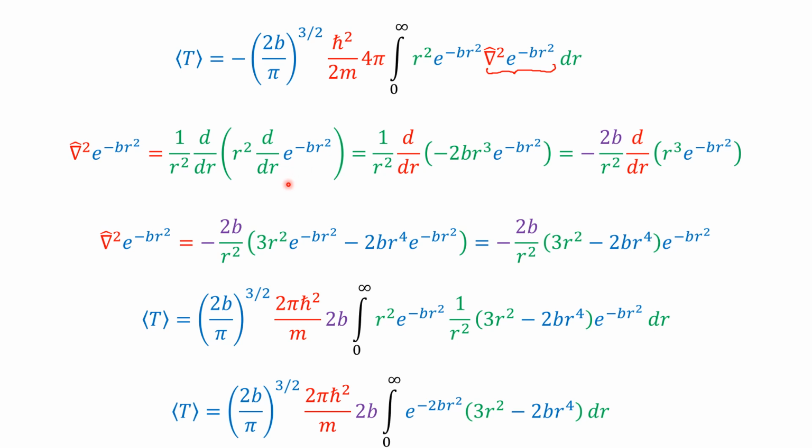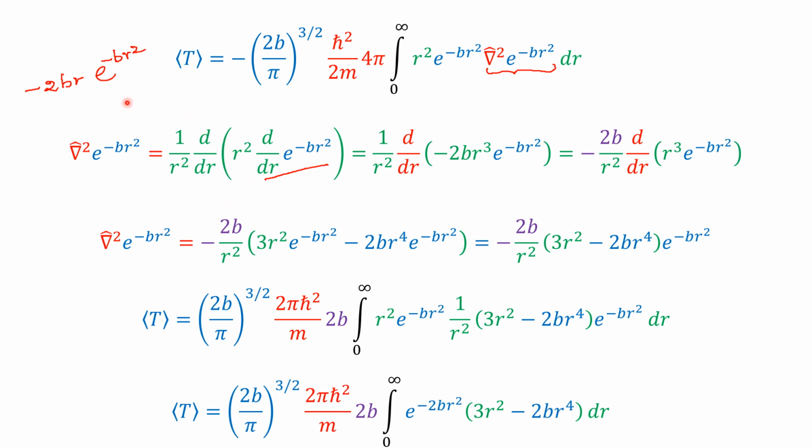Now you differentiate this wave function with respect to r. If you differentiate this with respect to r, you will get minus 2pr, then that exponential term e power minus p r squared. So already there is one r squared here.